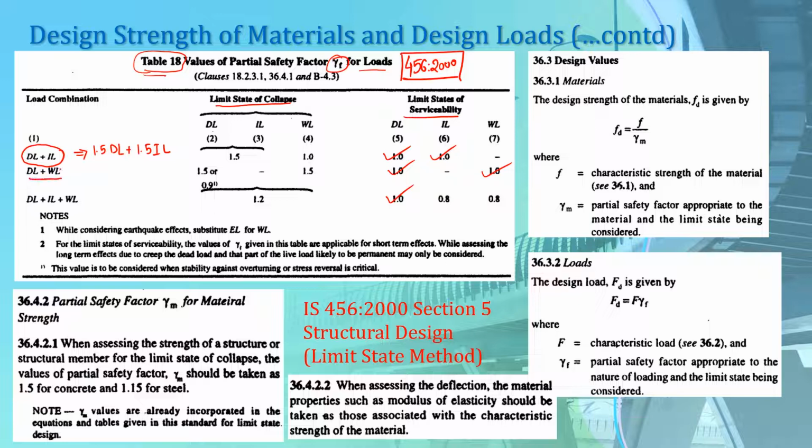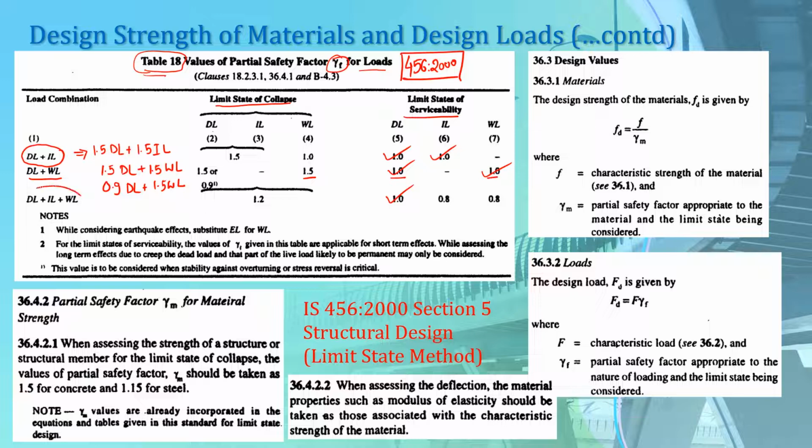Similarly, if we consider a combination of dead load and wind load, we either use 1.5 dead load plus 1.5 wind load, or 0.9 dead load plus 1.5 wind load. This is for the limit state of collapse. Similarly, for serviceability, it is dead load plus wind load.